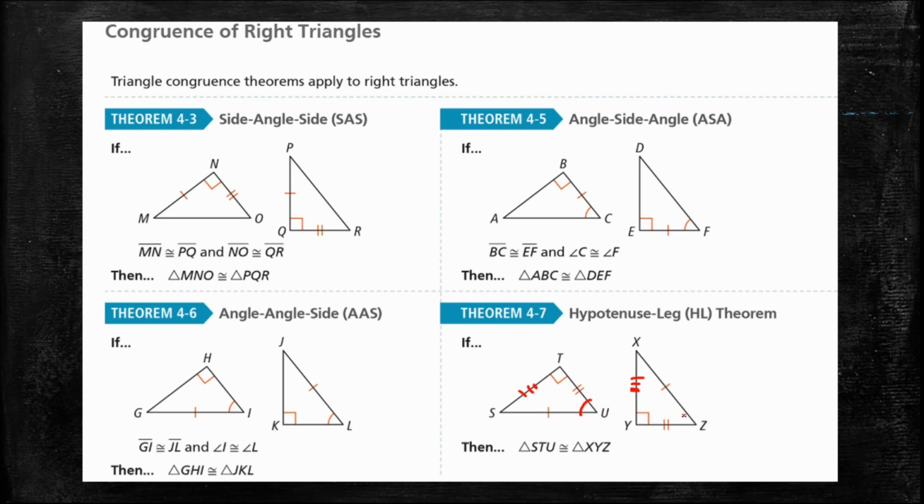Between 1 and 2. If I had these two, this would be side angle side congruence. So just because you have a right triangle, it doesn't automatically mean you must use hypotenuse leg. Hypotenuse leg is just your most likely to be used one with right triangles. But you can still use angle, side, angle, side, and angle, side.